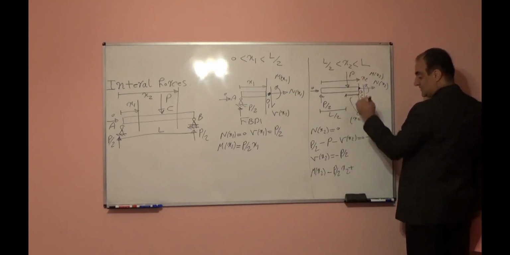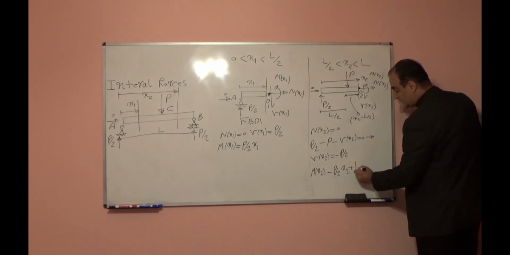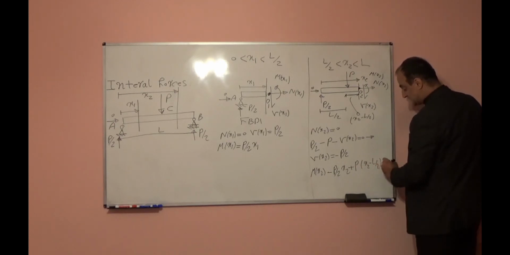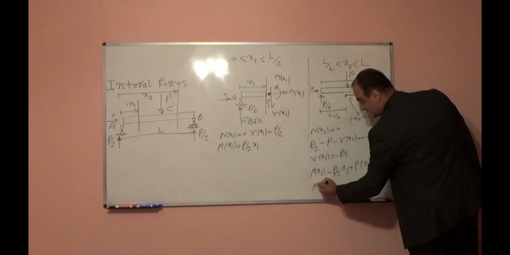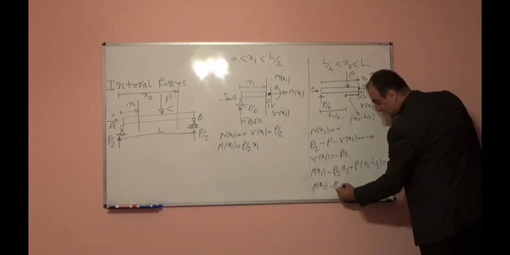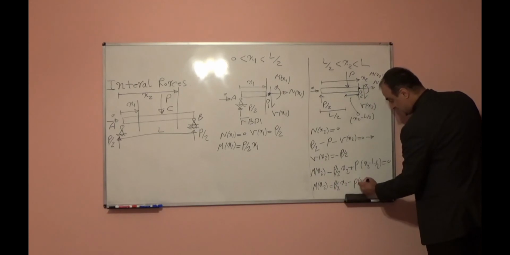So P times distance respect to point O2 will be P times x2 minus L over 2 is equal to 0. From here I can write mx2 is equal to P over 2 x2 minus P times x2 minus L over 2.